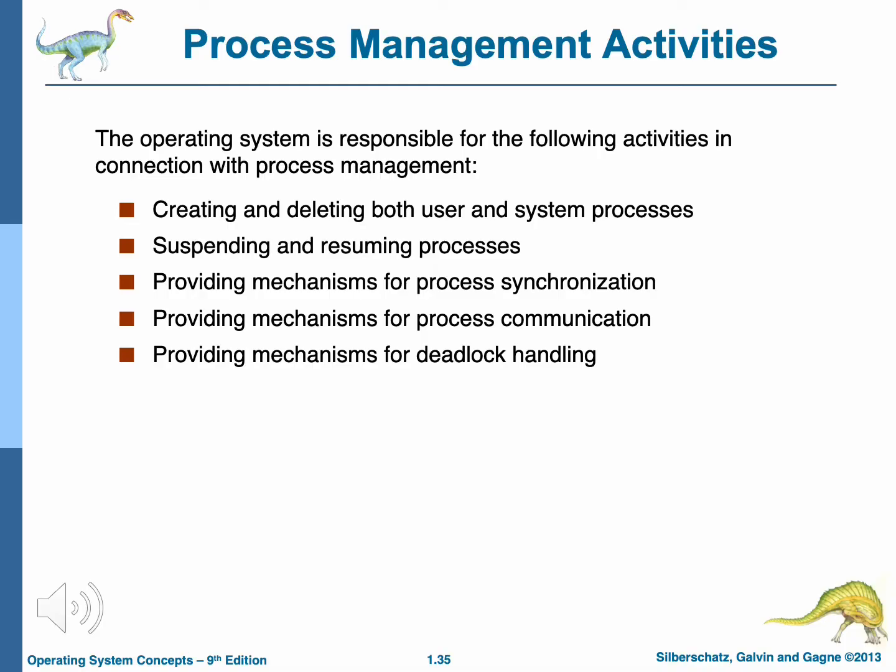The operating system is responsible for the following activities in connection with process management: scheduling processes and threads on the CPUs, creating and deleting both user and system processes, suspending and resuming processes, providing mechanisms for process synchronization, and providing mechanisms for process communication. We discuss process management techniques in Chapters 3 to 5.